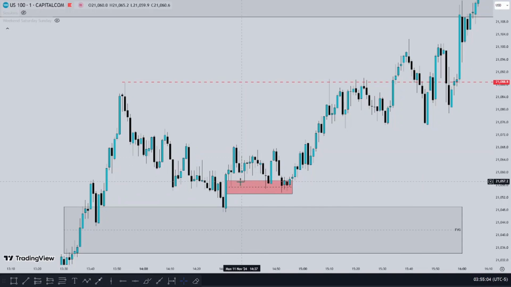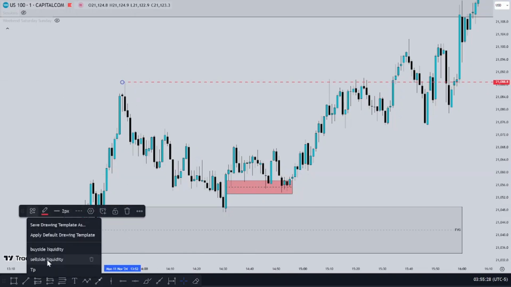After a retracement to the fair value gap, we took a buy, anticipating price to trade to this high, because we are looking for a simple setup between the range of 1:30 to 3 p.m. A retracement to the fair value gap, and the next draw on liquidity on the 5 minutes, if price were to trade higher, was this swing high, which is a buy side liquidity.